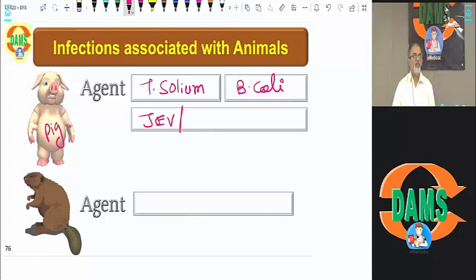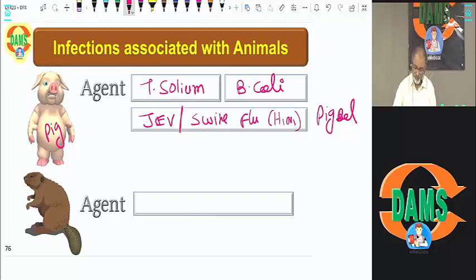It's called the amplifier host. Pig is involved in swine flu, H1N1, sorry. It also causes pig bel in Clostridium.